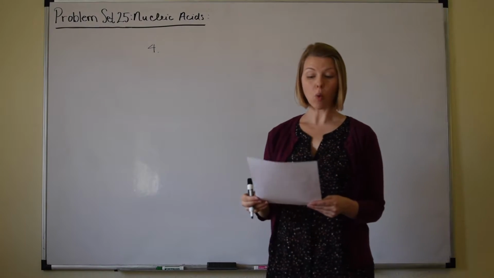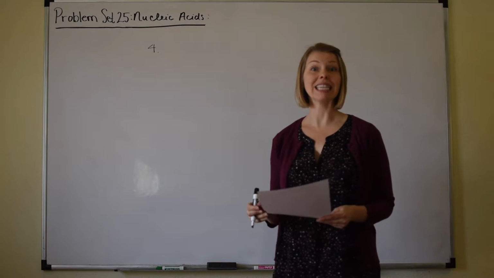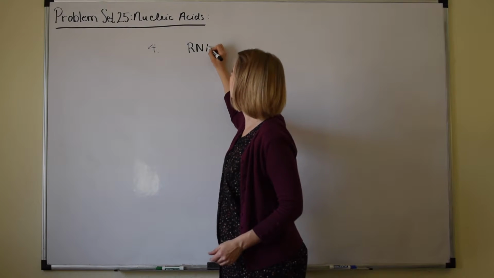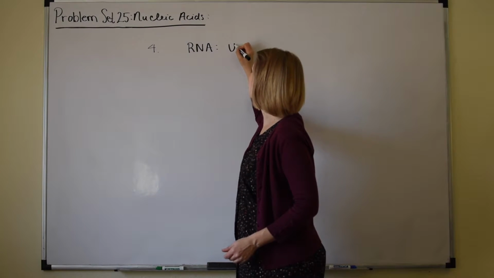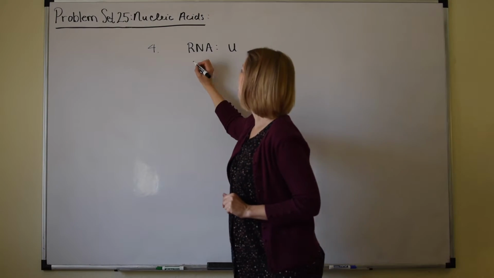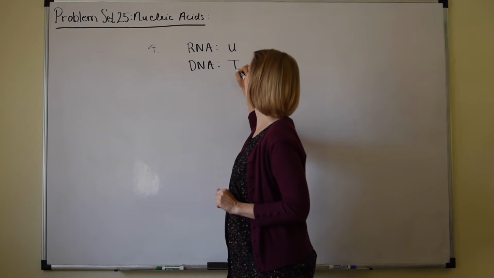Number 4, what base is found only in RNA and what base is found only in DNA? So we know that in RNA, the base uracil is exclusively found. In DNA, it's thymine.